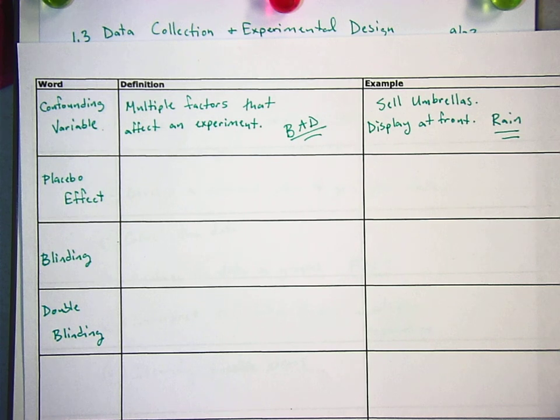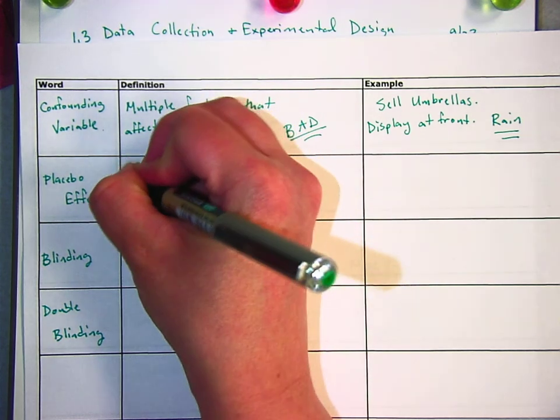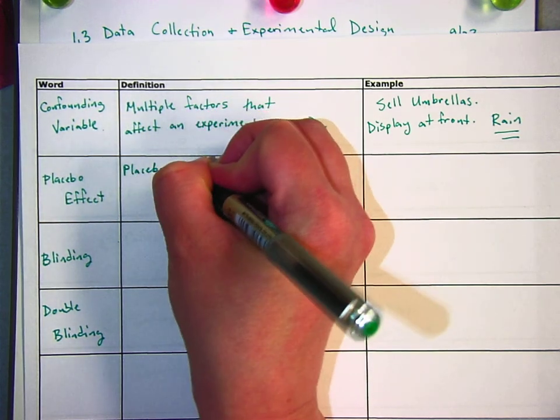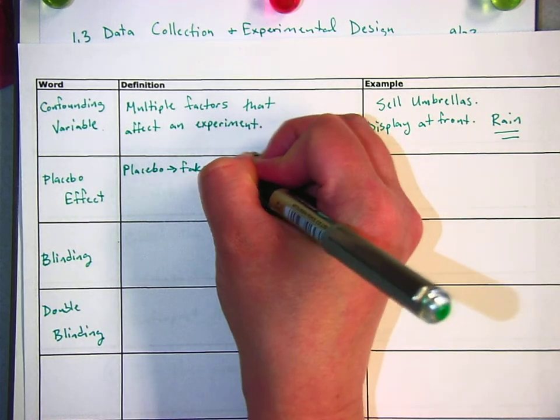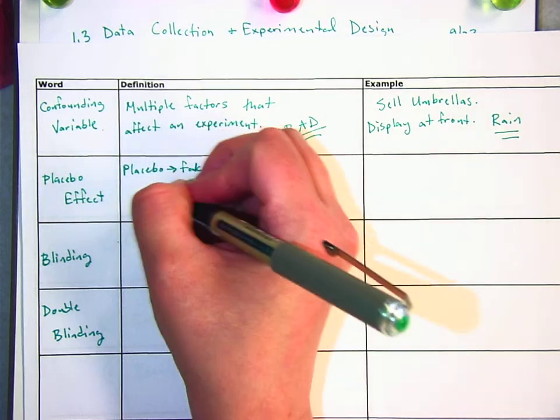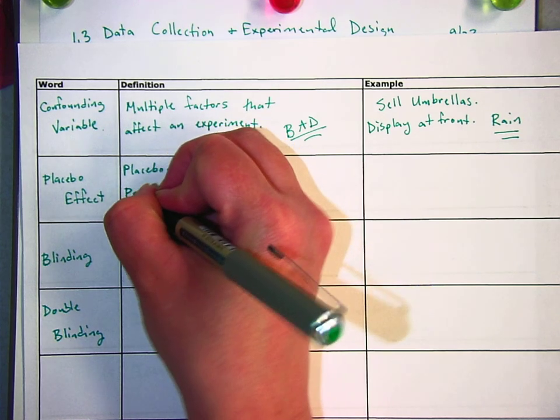A placebo effect is when, so a placebo itself is like a fake drug that they give people during an experiment, so that people don't know if they're actually getting the real drug or not. Because the placebo effect is something that is psychological.